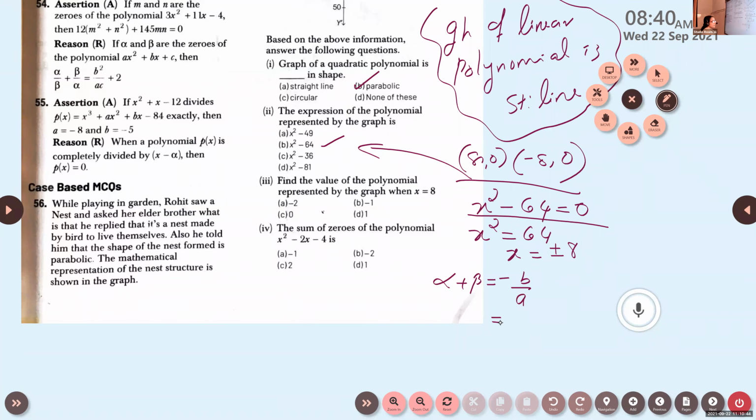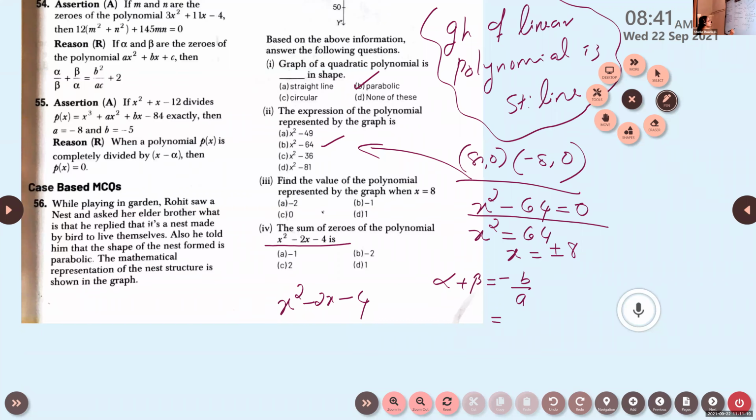What is b here? Nihal, what is b in this equation? X square minus 2x minus 4. What is b, Nihal? Justin, what is b here? Yes, ma'am.